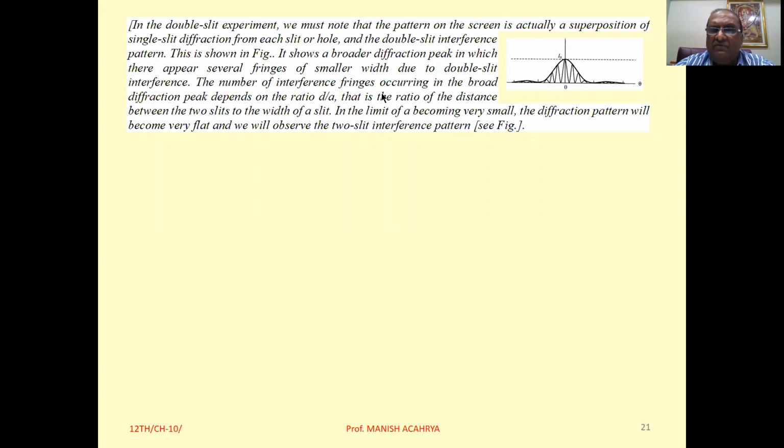The number of interference fringes occurring in the broad diffraction peak depends on the ratio d by a, that is the ratio of the distance between the two slits to the width of slit. In the limit of a becoming very small, the diffraction pattern will become very flat and we will observe the two slit interference pattern.